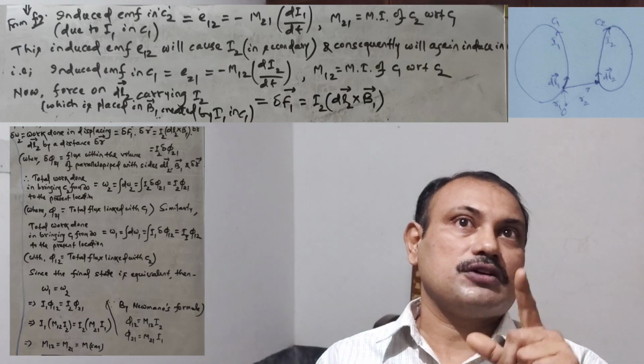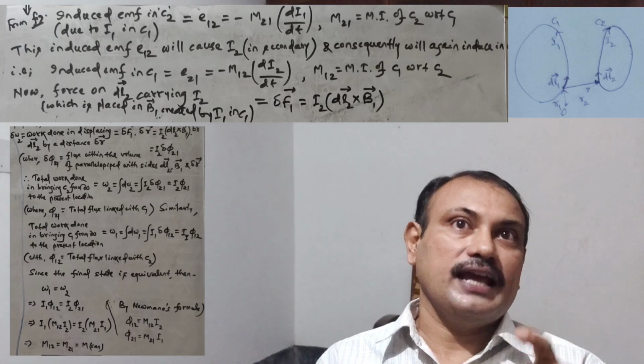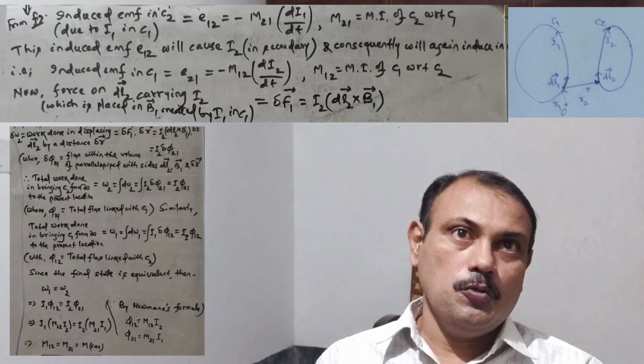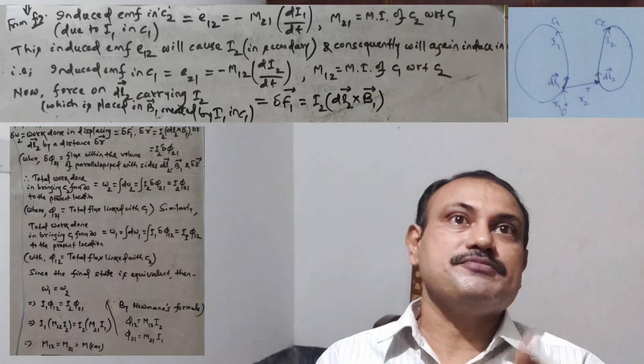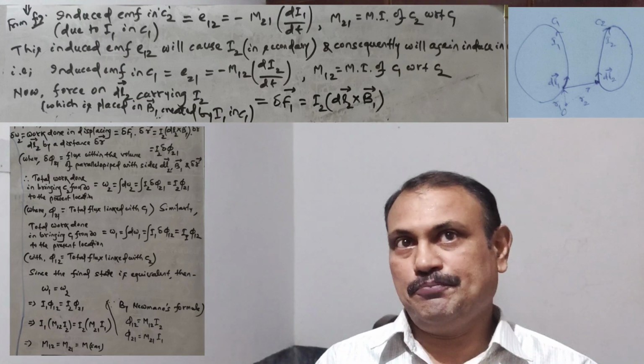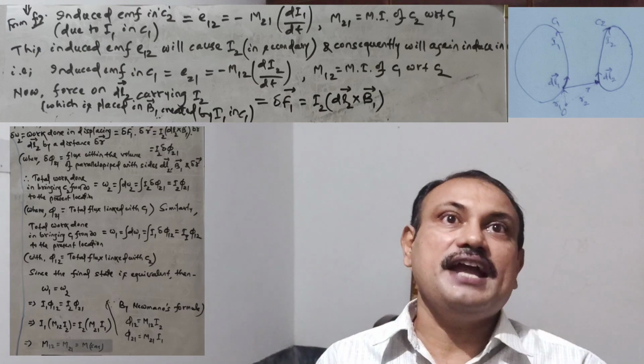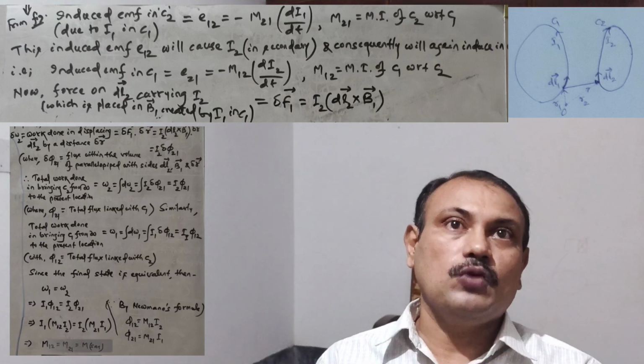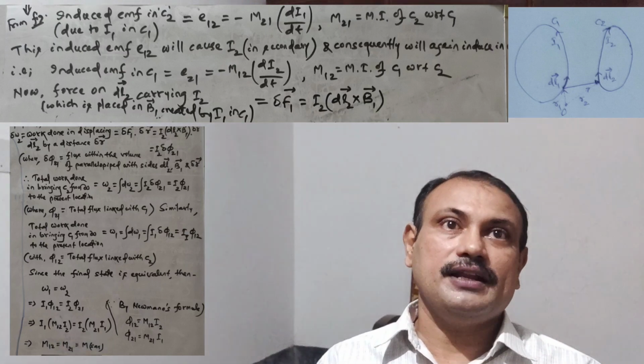So our W1 equal to W2 can be rewritten as I1 times M12 times I2, which must equal I2 times M21 times I1. Here if you compare both sides, obviously M12 is equal to M21, let us say equal to capital M. So this is how we can prove the reciprocity theorem of mutual inductance, ensuring that the current in any of the components to begin with is immaterial.